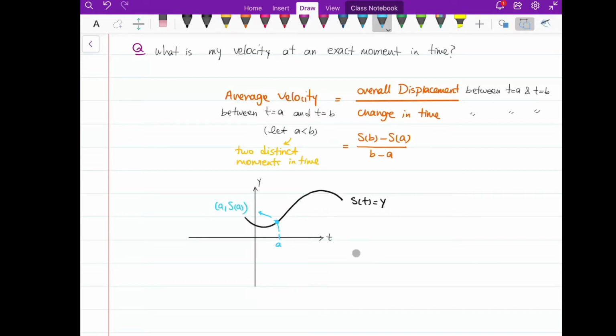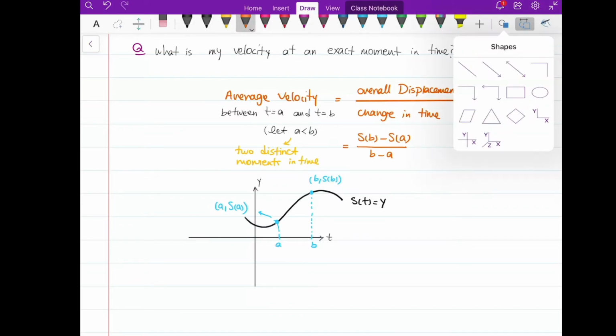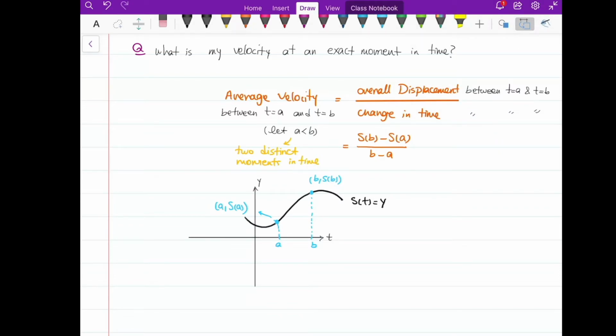Okay, the time and the position at the time, and then assume that, for example, this is b, and this point in here is b and s of b with these coordinates, the time and the position at the time b. Okay, then we have a line that is passing through these 2 points.